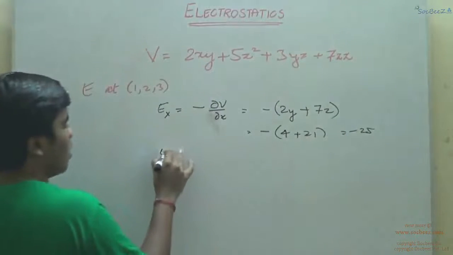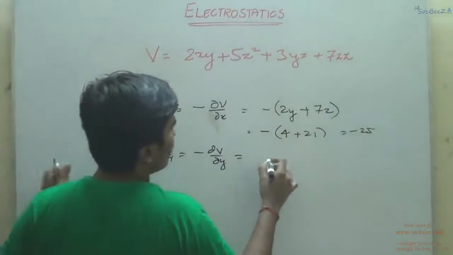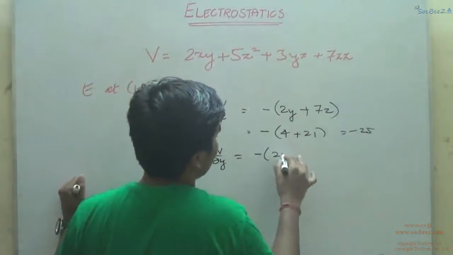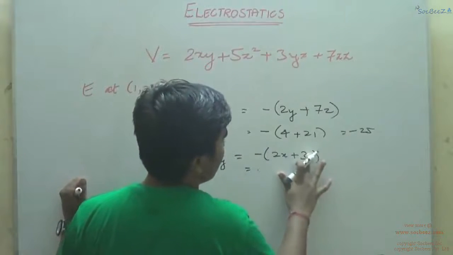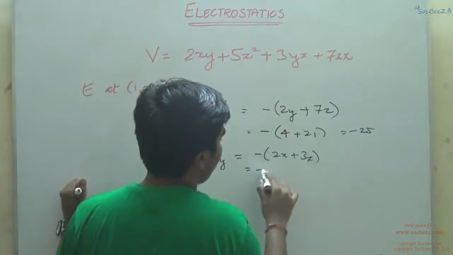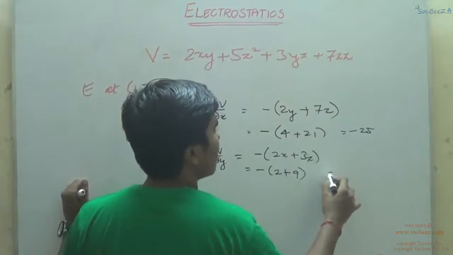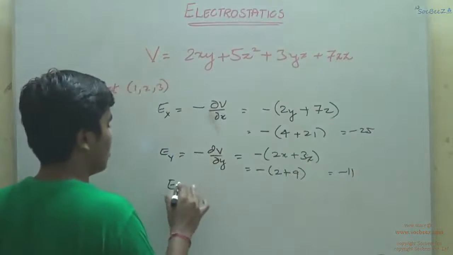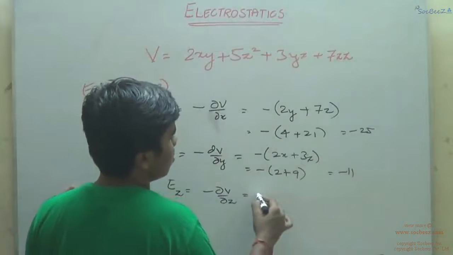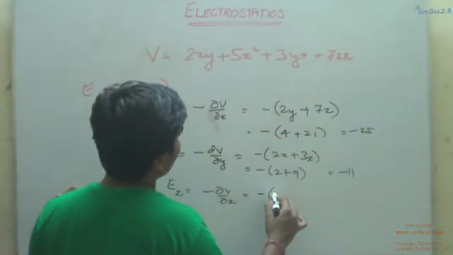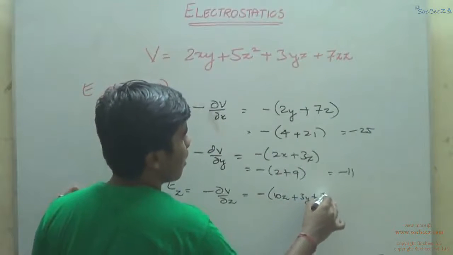Now Ey is equal to minus dou V by dou y. This is equal to minus 2x plus 3y plus 3z. This is equal to minus 2x is 2 plus 3y is 3 z is 9. What is Ez? This is equal to minus of 10z plus 3y plus 7x.